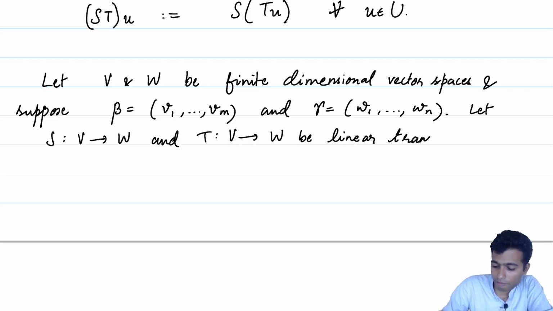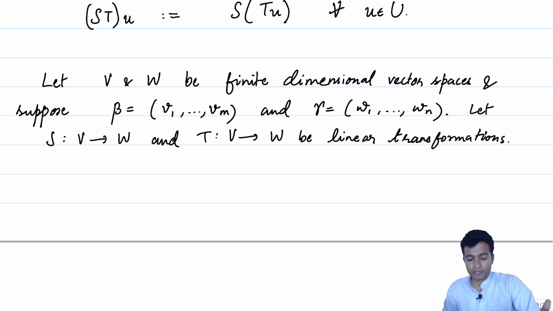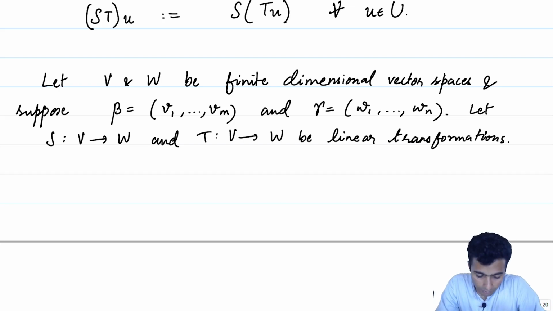Now, the moment we have a linear transformation from a finite dimensional vector space to another, we can talk about the matrix of the linear transformation once we have fixed the ordered bases, right?